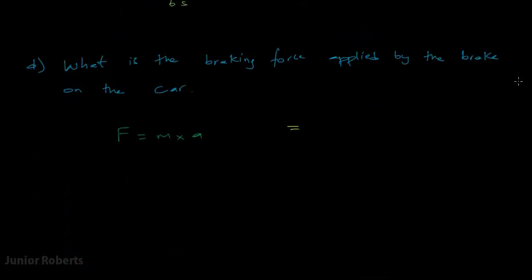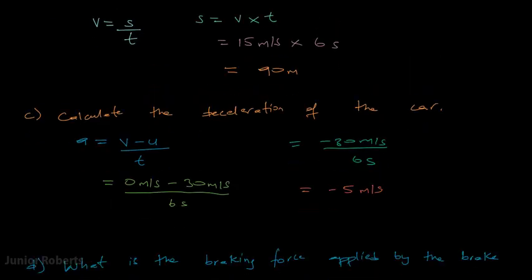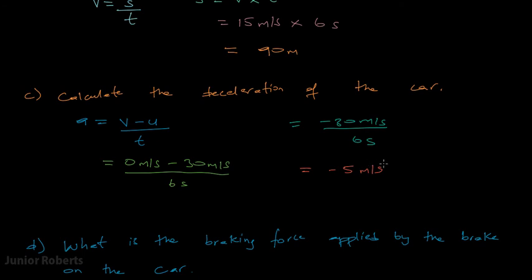So the mass M will simply be equal to 90 kilograms plus 1,260 kilograms, which when we add these two together gives 1,350 kilograms. And the deceleration will be 5 meters per second squared.